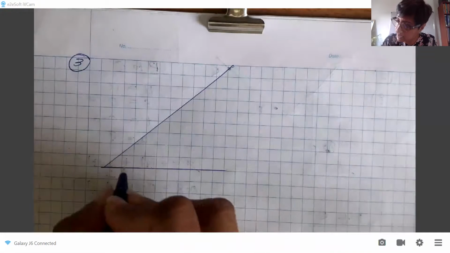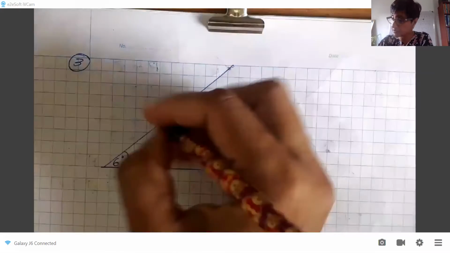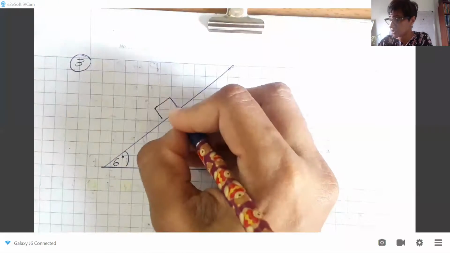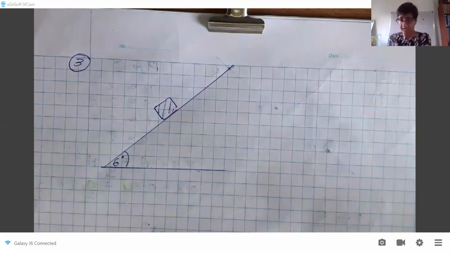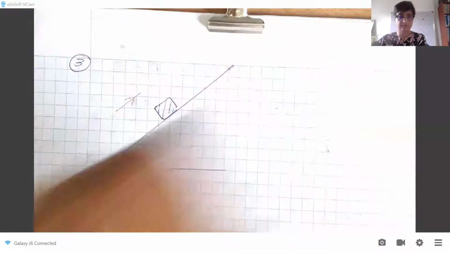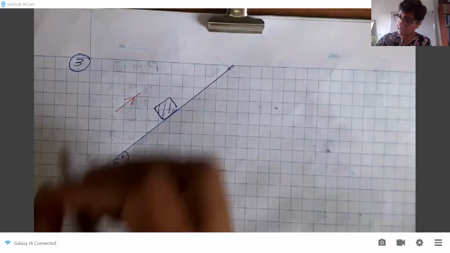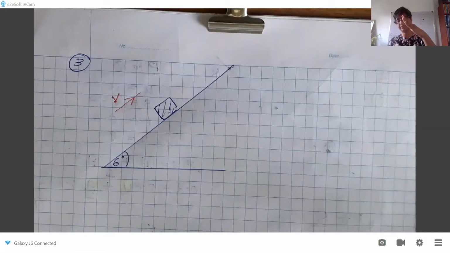Yes, 6 degrees. A block. So let me draw it like a block. Mass 5 kg. It's being pulled. And at some point they are saying it's moving at a constant speed. So I will put one arrow like that. And write a V just to say it's constant speed.